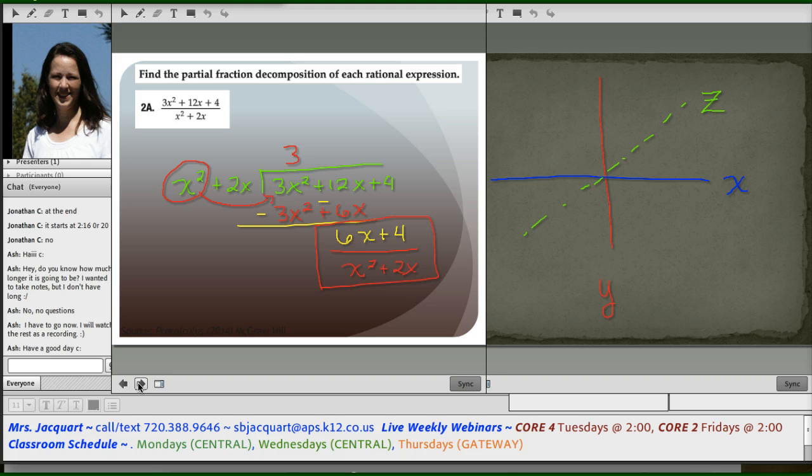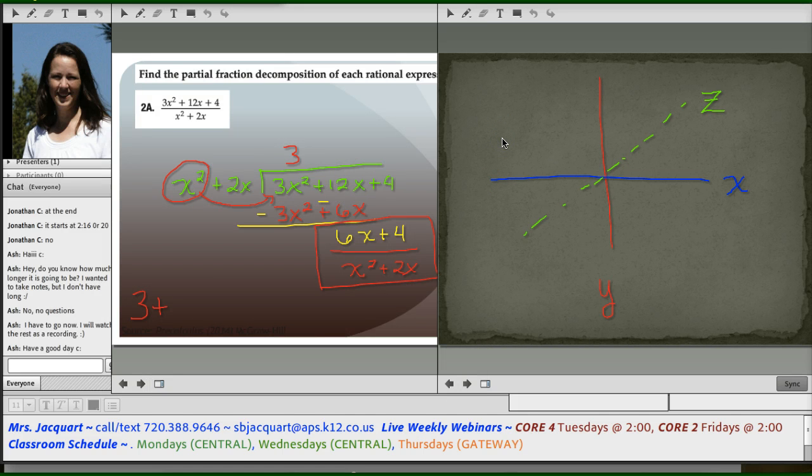Okay, so my answer is 3 plus, and then we're going to go to the other whiteboard and work out that 6x plus 4 over x squared plus 2x.